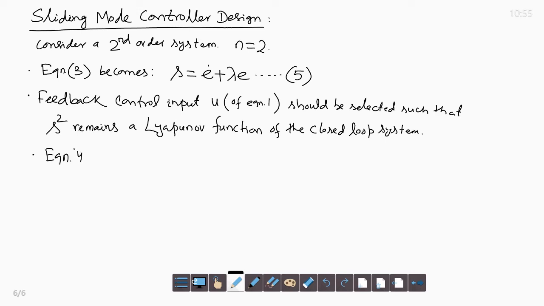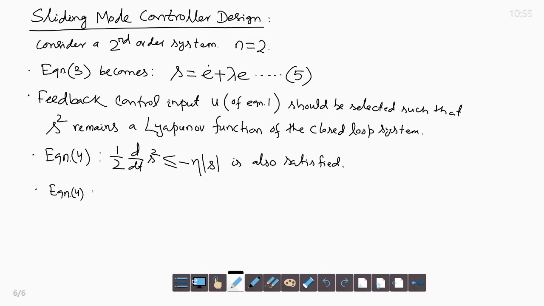Equation 4, that is half of d by dt of s squared less than or equal to minus eta magnitude of s, is also satisfied. So equation 4 implies that s dot into signum of s is less than or equal to minus eta. This is equation 6.